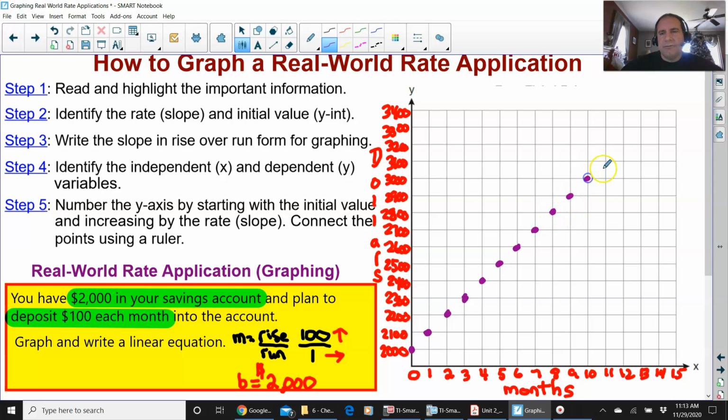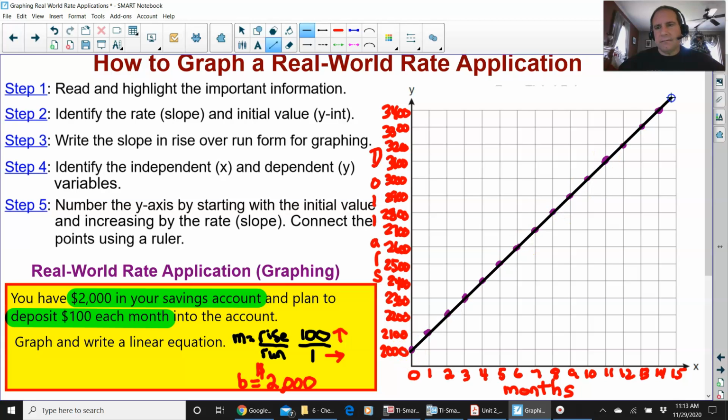And since you use the slope to increase by 100 already, your graph simply looks like that. Pretty easy when you use the slope, your rate. Okay, so remember to use your straight edge to create that straight line and put an arrow at the end just like I did.